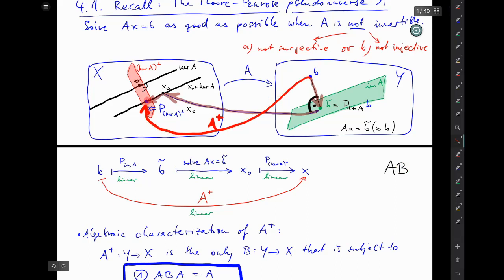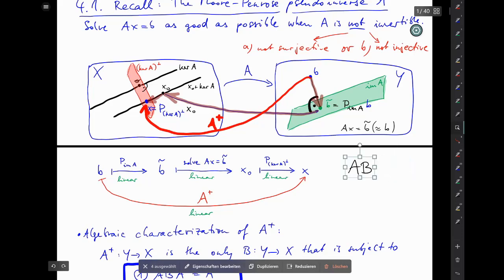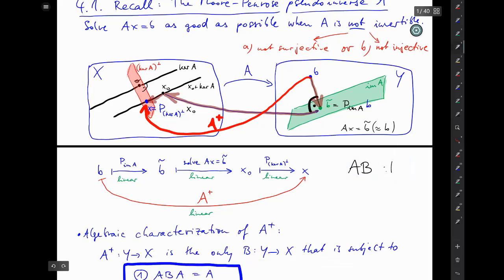And then from that little x you take A of x. Okay, but this x is on this set of all solutions that end up in B tilde. So AB takes you from B via x to B tilde. So of course, in the end, it's nothing but the orthogonal projection onto image of A. Okay.